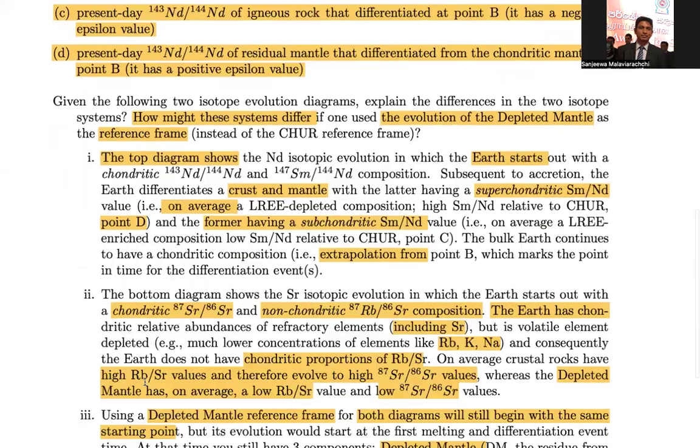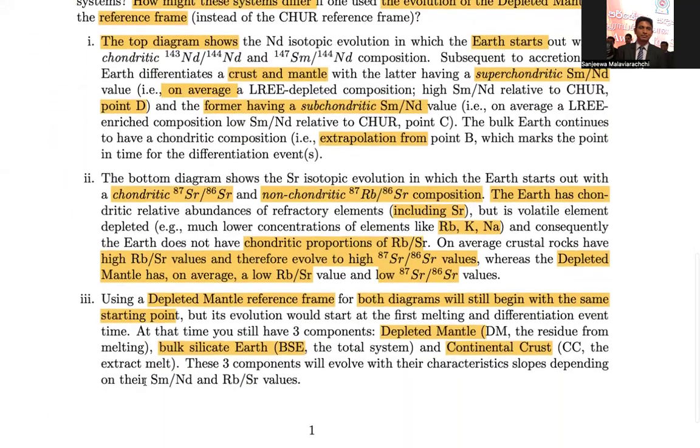Here, the only thing is that if you consider the model age calculation, then you have to use the relevant reservoir's isotopic ratios. For Ch, if you are using the model age with respect to Ch, then you have to find the Ch values for present day, Ch neodymium ratios, and Ch samarium neodymium composition.